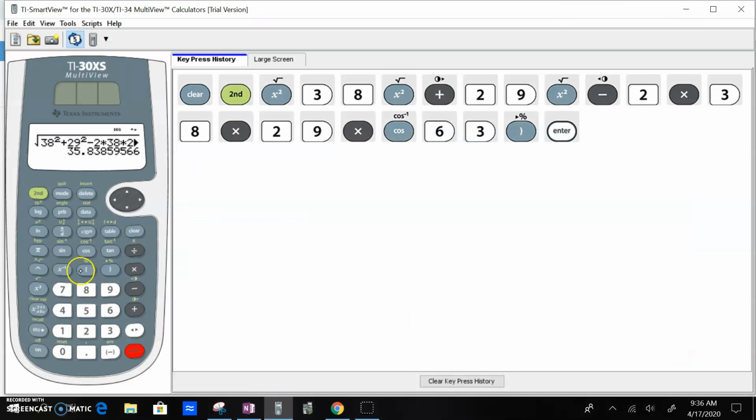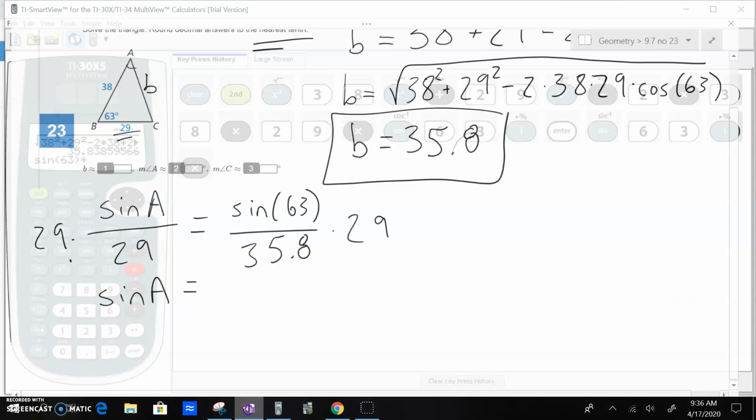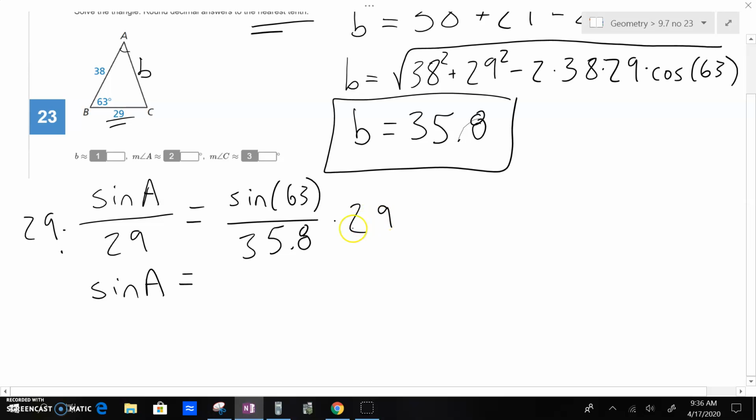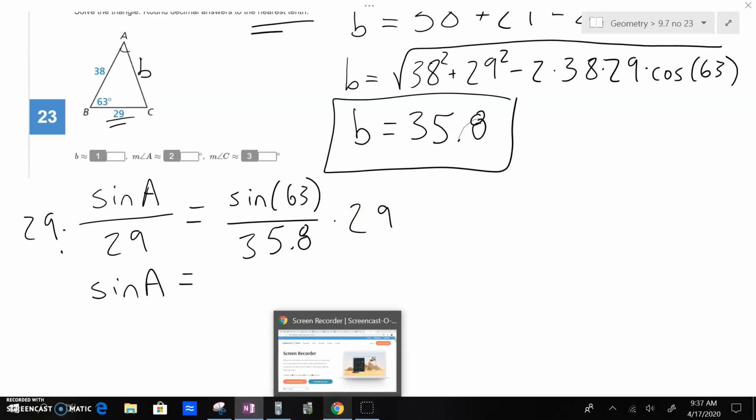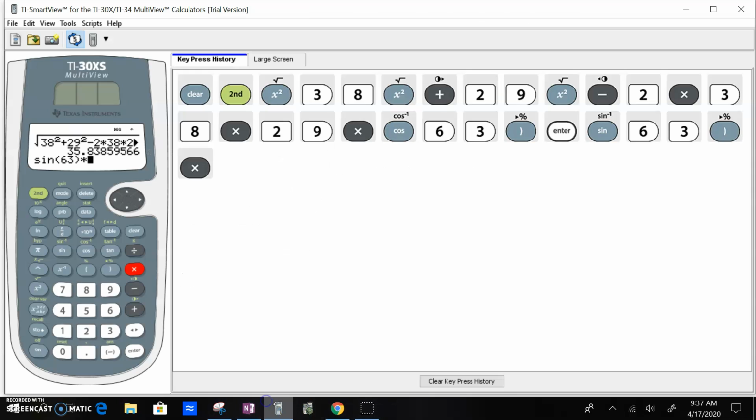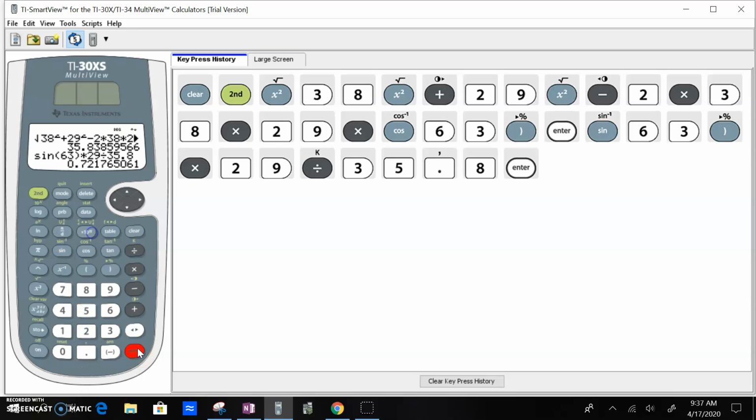I better check back here, make sure I'm putting the right numbers in. You can write 35.8 or you can use the second answer key to get it to show the answer. Either way is okay. So I'll just type in 35.8. I'm going to hit enter.